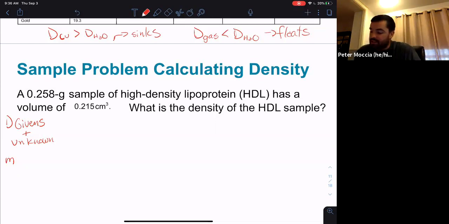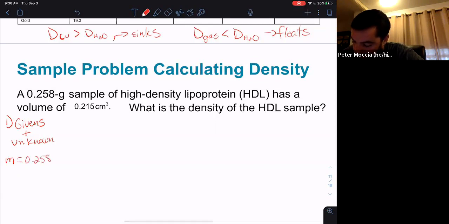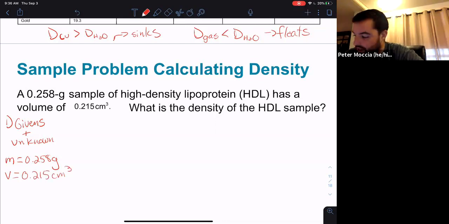What is the density of the HDL sample? M is equal to 0.258 grams, and V is equal to 0.215 cubic centimeters. Okay. And then my unknown is my density. So I'm just going to write D equals question mark.